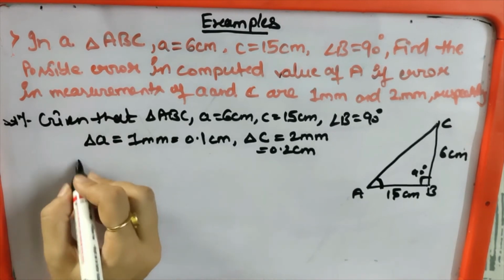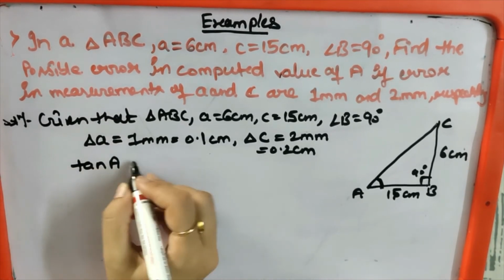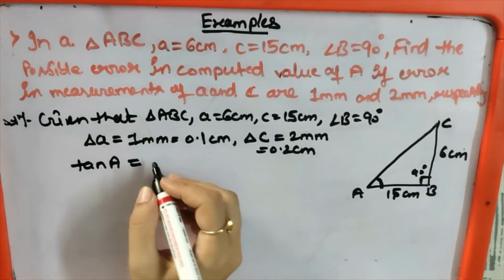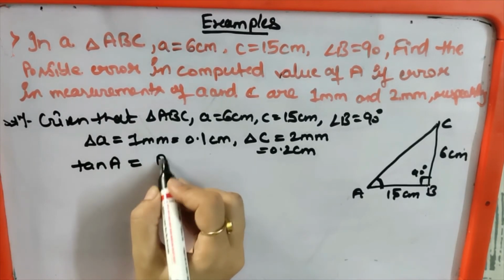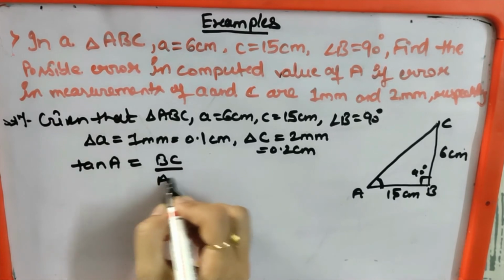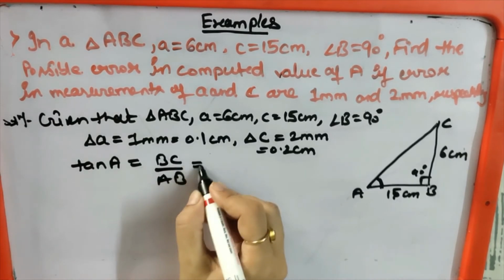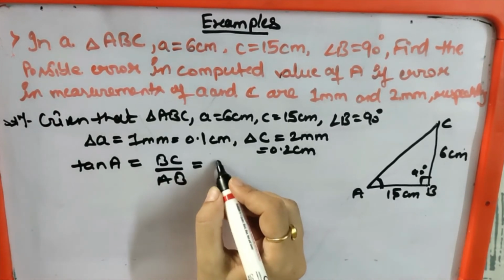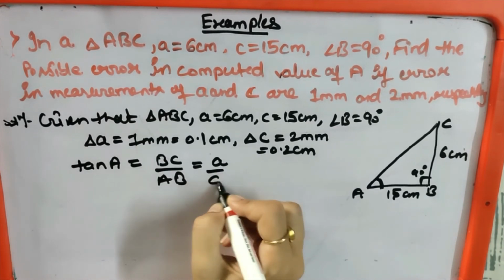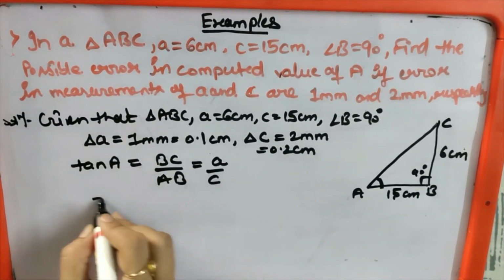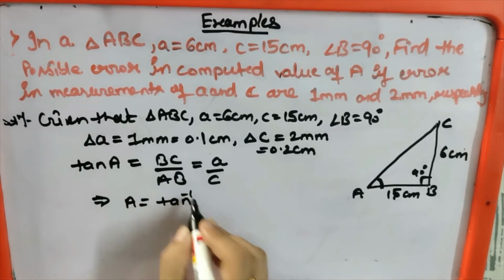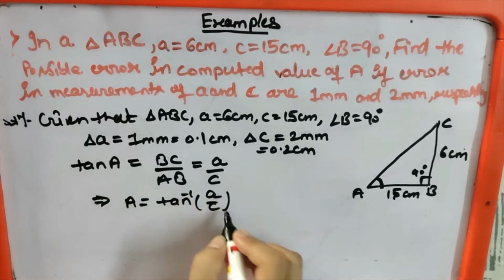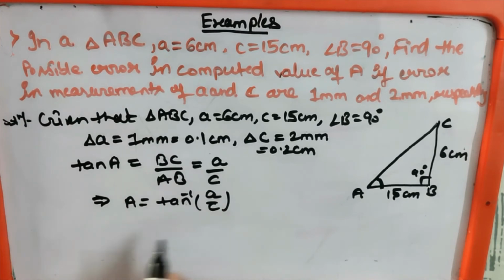Then we know that tan A is equals to perpendicular upon base, that is BC upon AB is equals to a upon c, implies A is equals to tan inverse a upon c. Now differentiate it.